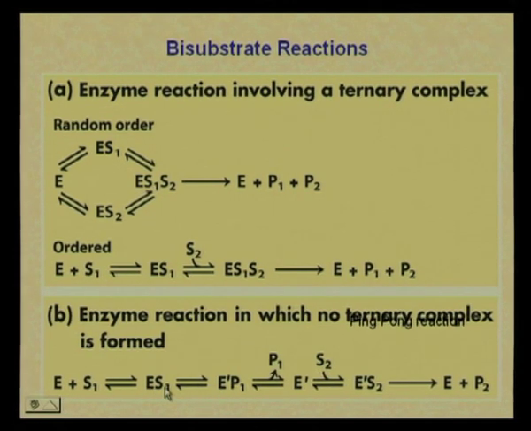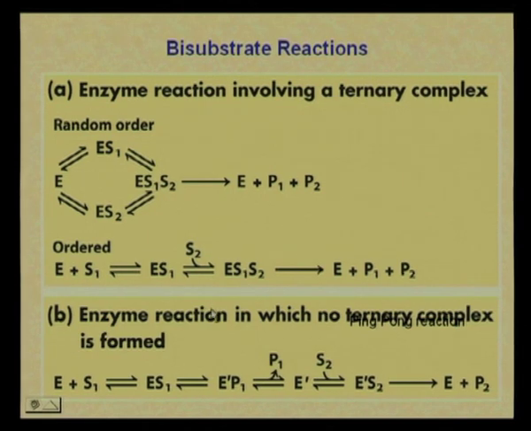So, what happens is the binding of S1 forms an E prime. You notice there is an E prime here. So, this E prime is not E. There is some change that has come across in the enzyme structure, which after release of P1, then binds S2 to form an E prime S2 complex, which on losing P2 will form E back. You have to remember, you start off with E, you have to end with E.